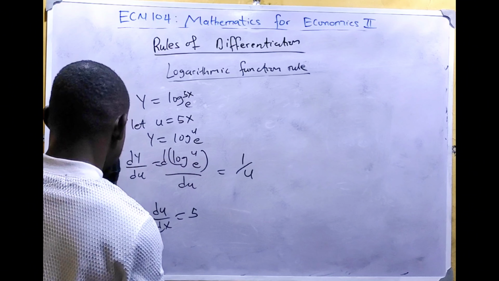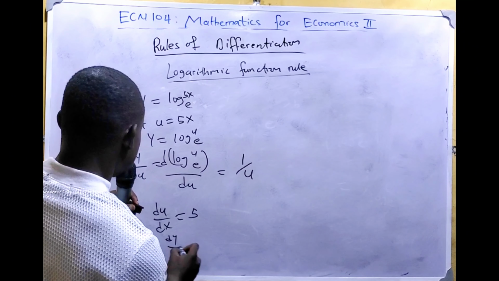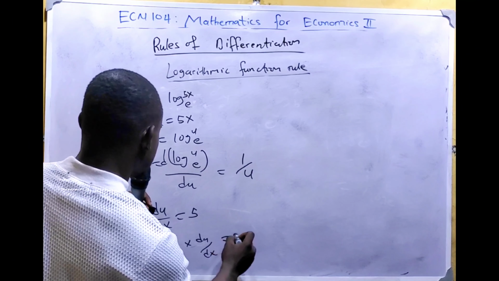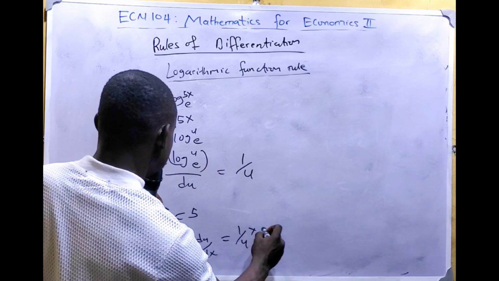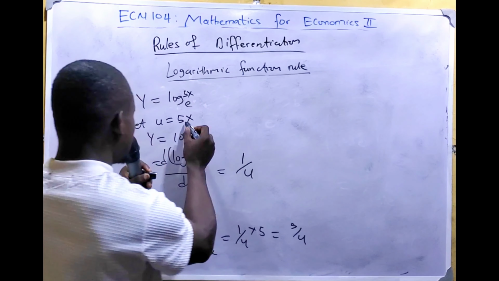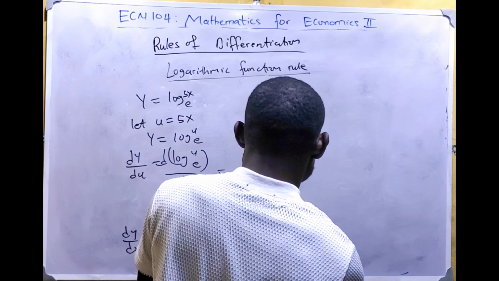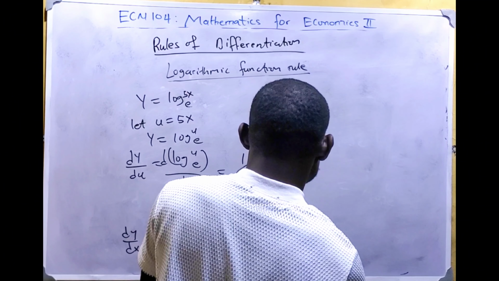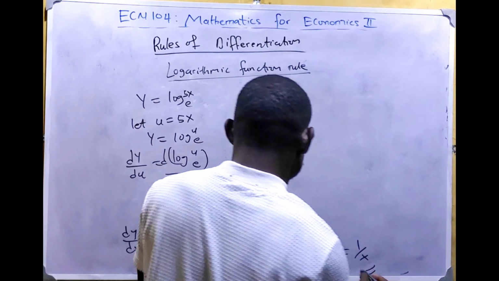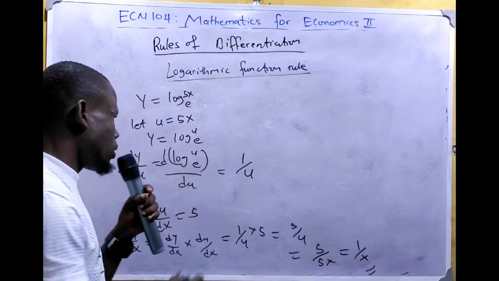So therefore our dy/dx will equal dy/du times du/dx, which is 1 over u times 5, which is 5 over u. Recall our u is 5x, so this is 5 all over 5x, which is the same thing as 1 over x. This is just 1 over x.